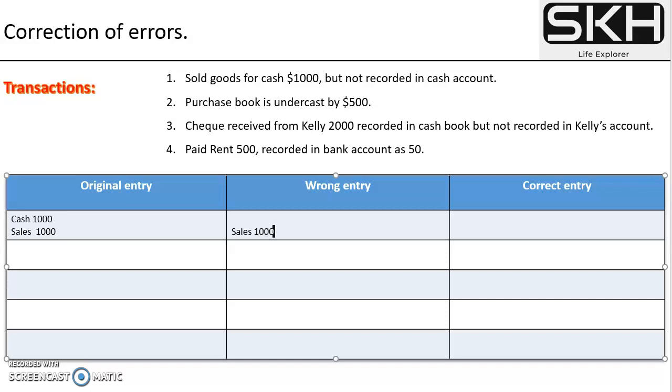So the cash account is missing. The question is how we will make the correct entry, because only one account is missing and the other account we recorded correctly. This is very easy. We will record the cash account because we did not record it first, and to make it balance temporarily, we will write the suspense account here. The suspense account will be credit by 1000. This is how we will make the correct entry.